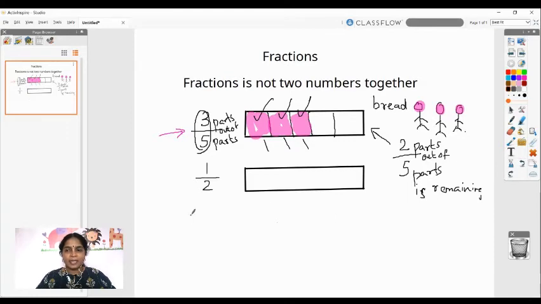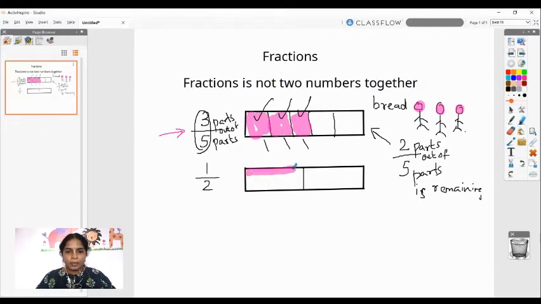Let's understand this again visually. Now, how to represent this 1 by 2? This same loaf of bread, instead of giving it to 5 boys, I have only 2 children to whom I have to give. Now, how will I represent this 1 by 2?